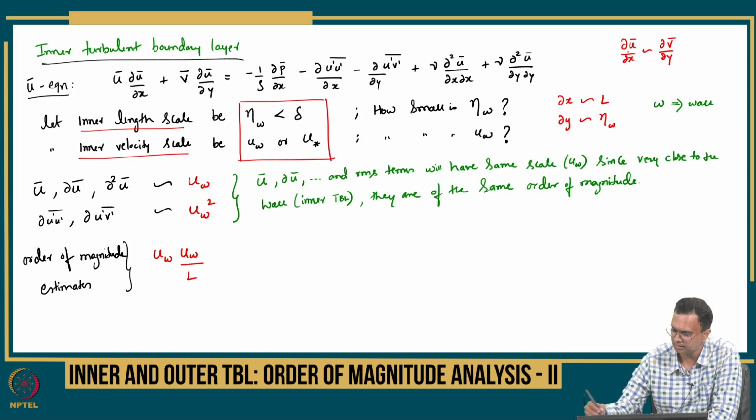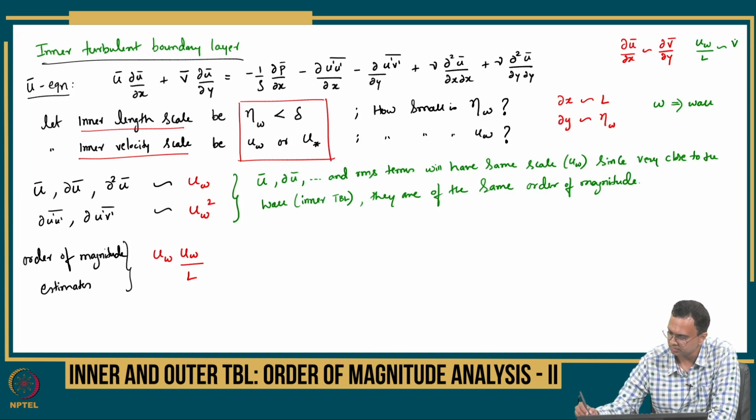From that I can get the scale analysis as, this is uw, ∂ū/∂x is uw by L, and this is ∂v̄/∂y, sorry, v̄ here.